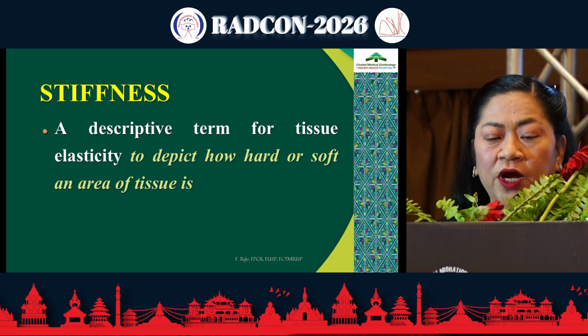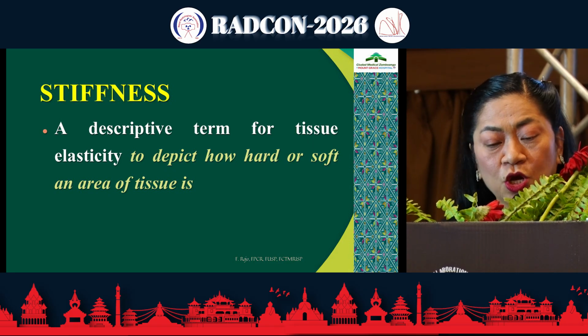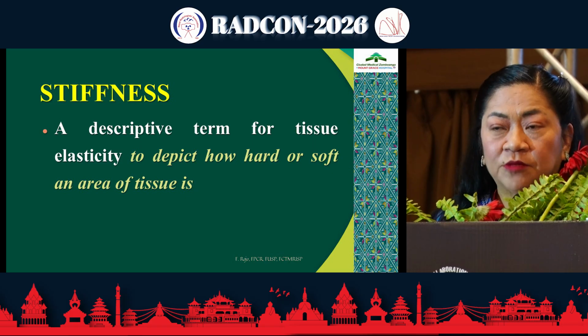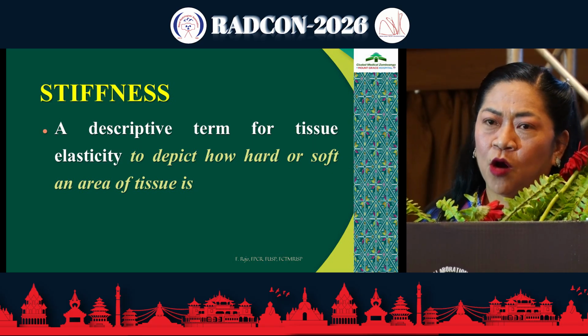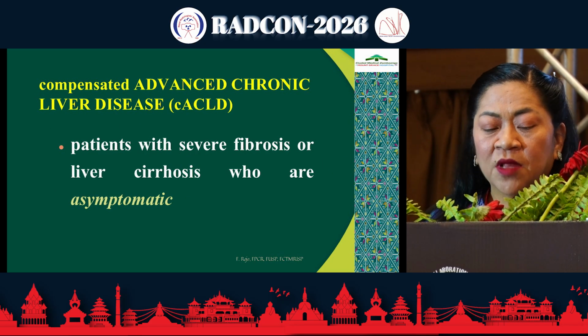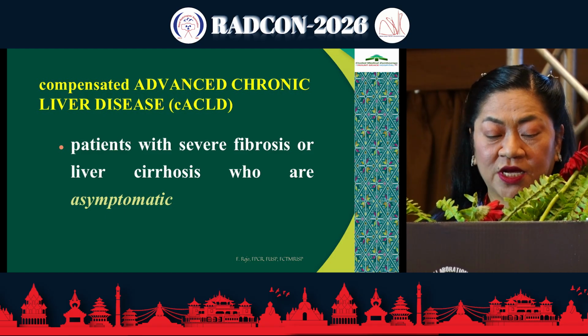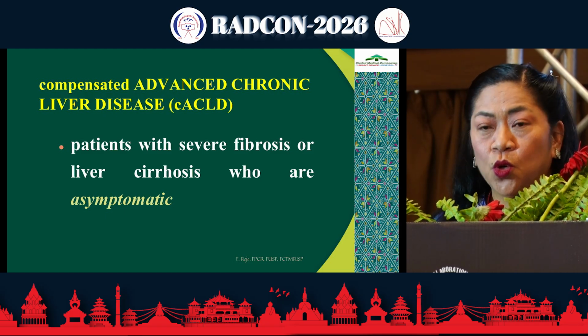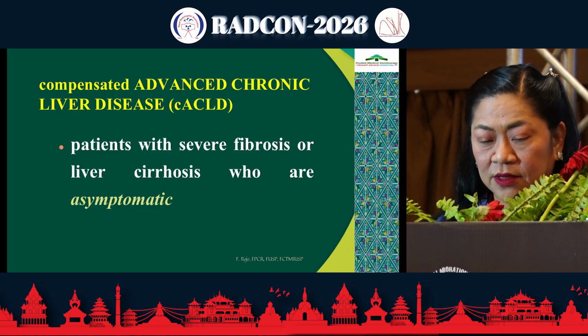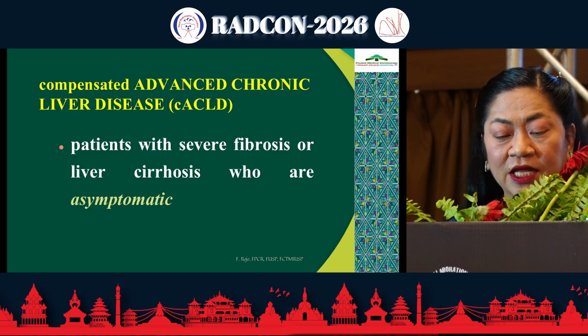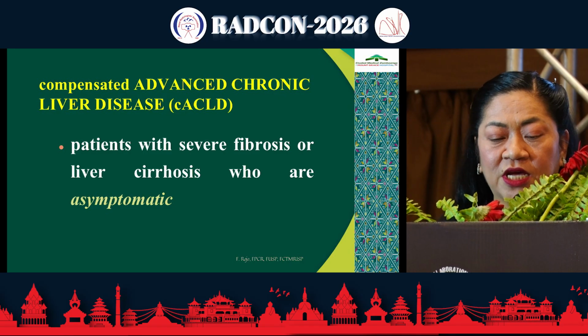And then the other word is compensated advanced chronic liver disease. We need this in our diagnosis part later. These are patients with severe fibrosis or liver cirrhosis who are asymptomatic. And those who have clinically significant portal hypertension are those with liver cirrhosis who are symptomatic.